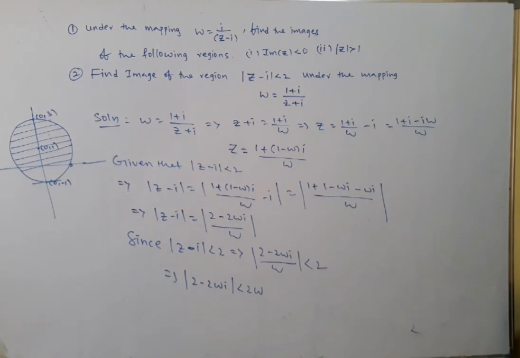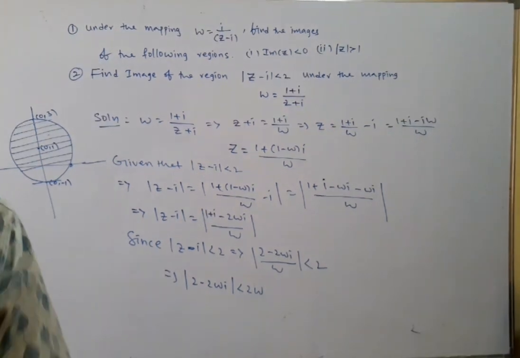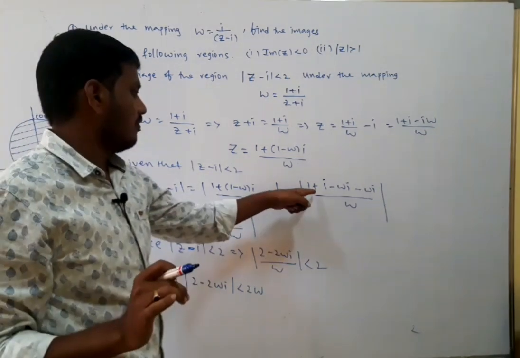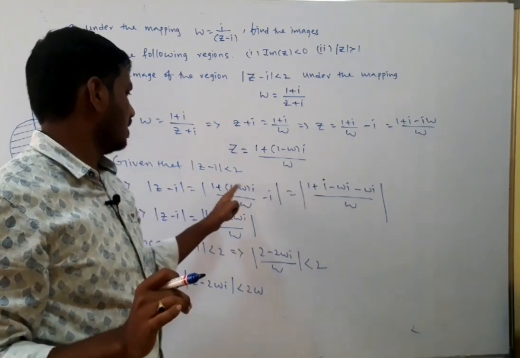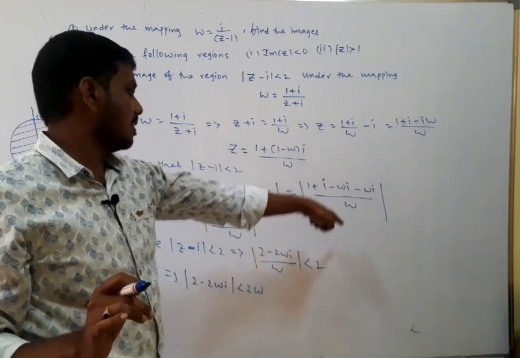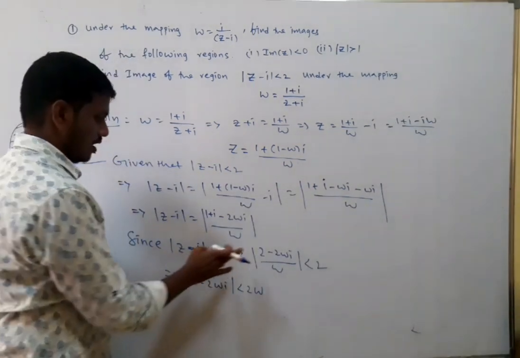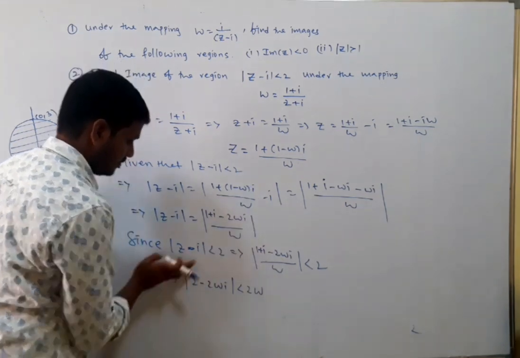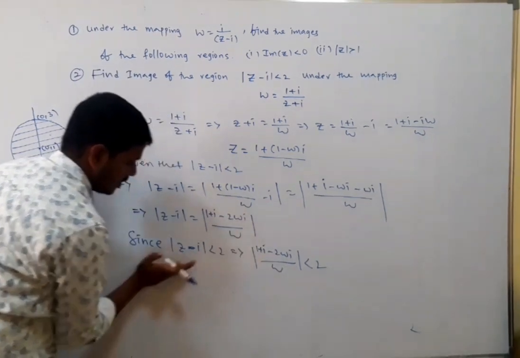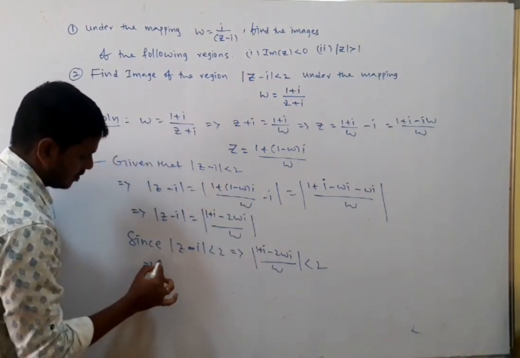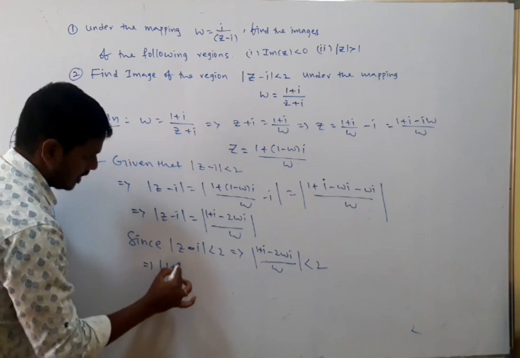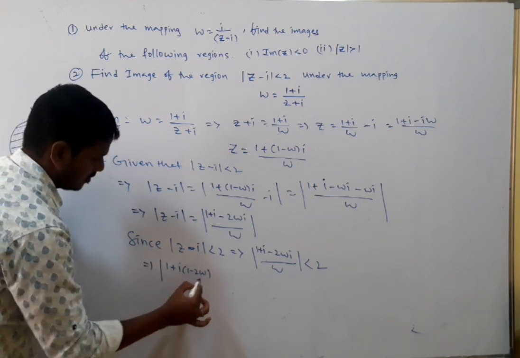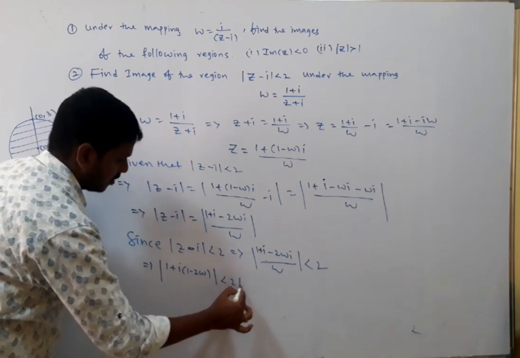Sorry, here 1 plus i is there. Here i into 1 is 1 plus i minus wi minus wi, so it is 1 plus i. Here also we have 1 plus i. So that implies we have |1 plus i| into |1 minus 2w| is less than 2 into |w|.